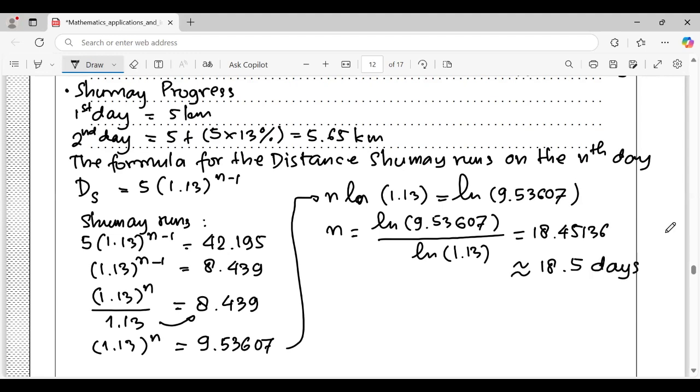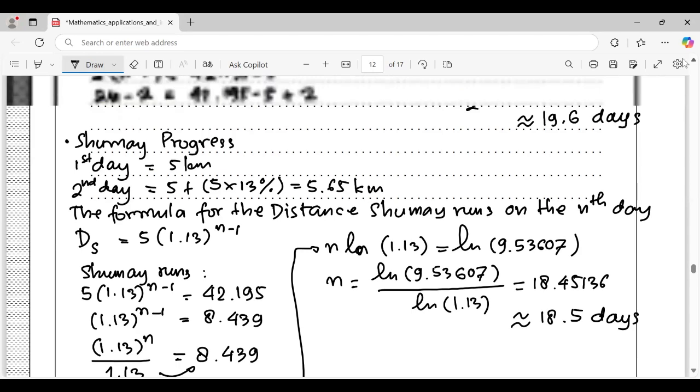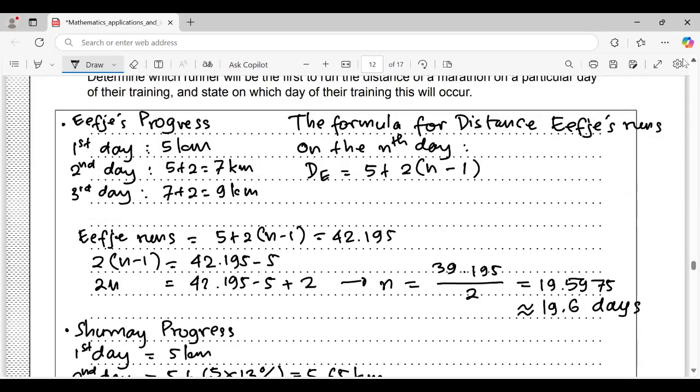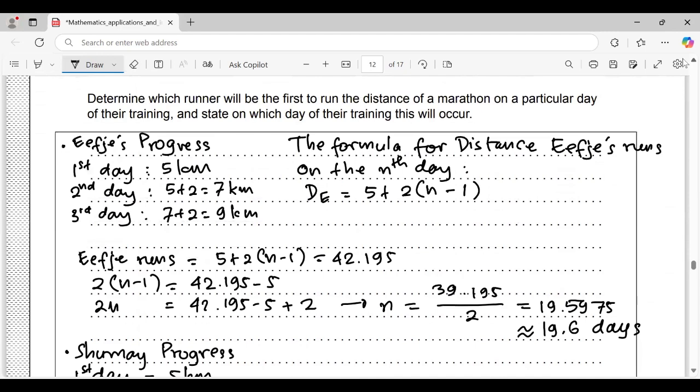Okay, so Shumai needs 18.5 days, and then FE needs 19.6 days. So which one? Whose runner will be the first to run?